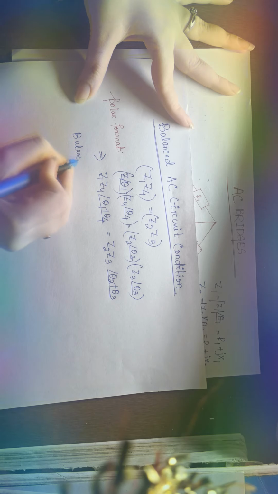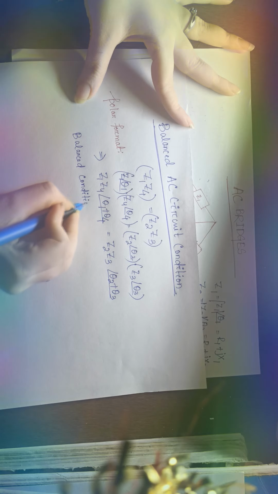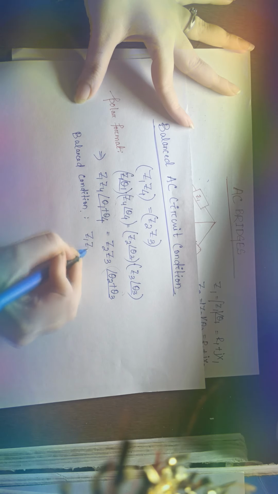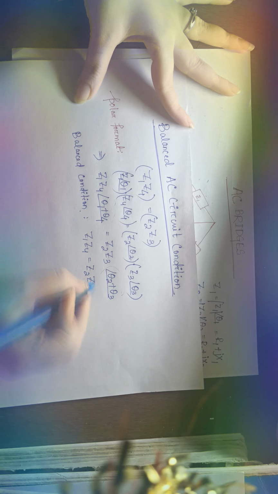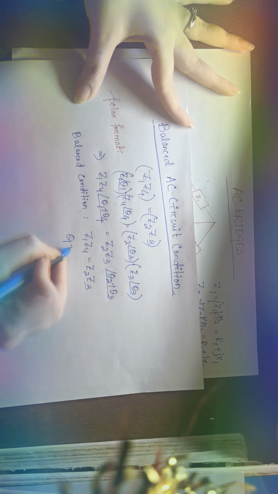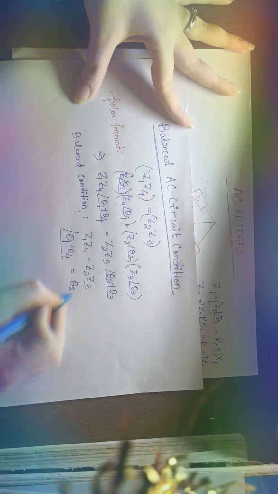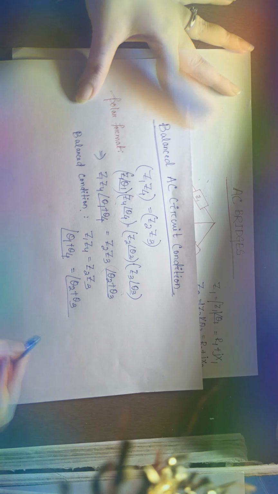So the balanced condition gives that the magnitudes should be equal and the angles should also be equal. So Z1 into Z4 should be equal to Z2 into Z3 in the case of magnitude, and the angles theta 1 plus theta 4 should be equal to theta 2 plus theta 3.